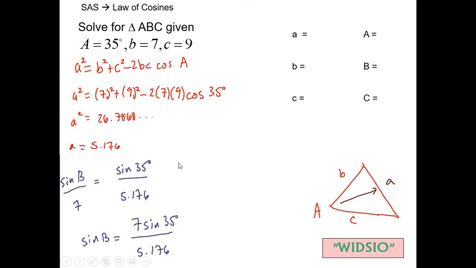We need to find the rest of it. Well, I can use my law of sines to find angle B. So I'm going to say sine of B is to 7 as sine of A is to side A. Doing a little bit of cross multiplication, I can figure out that B is going to be the inverse sine of 7 times sine 35 degrees divided by 5.176.